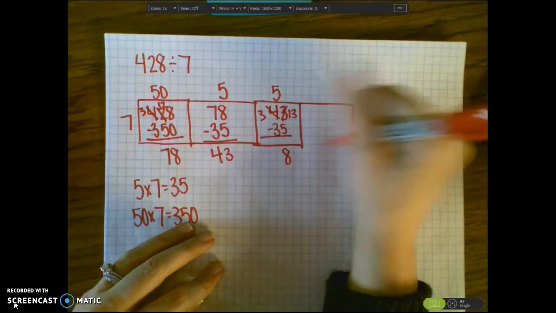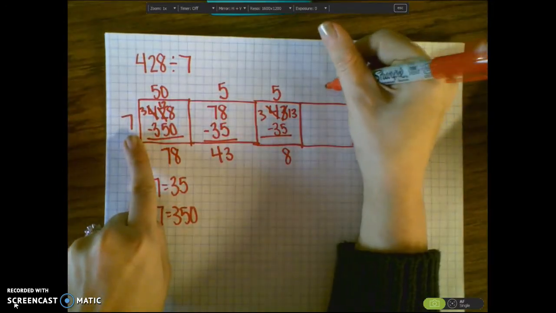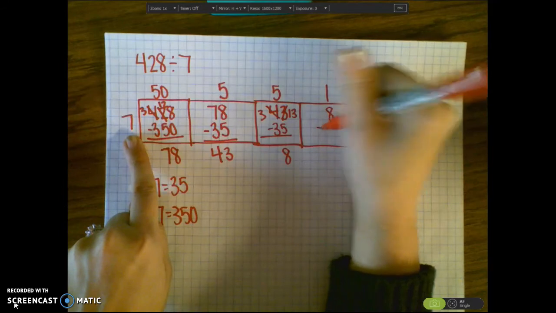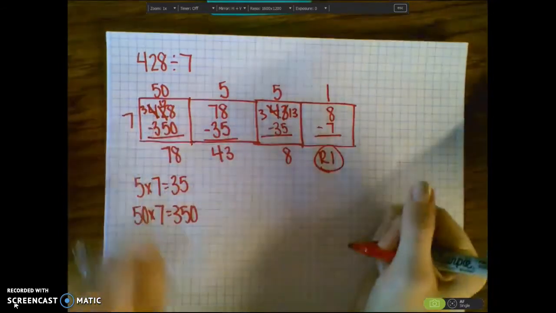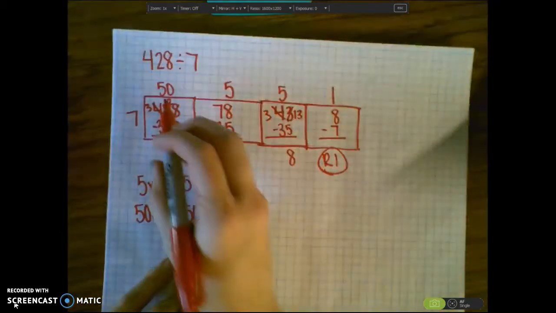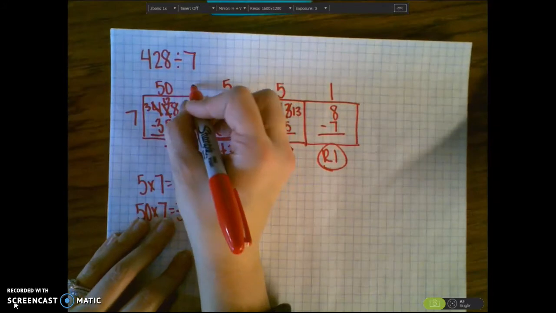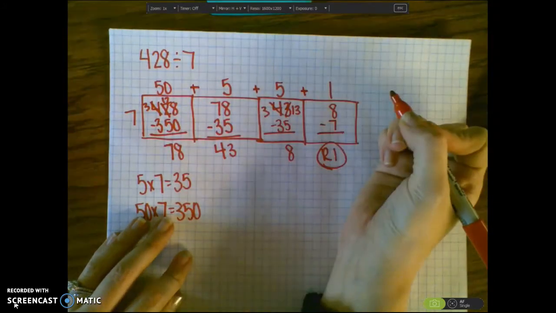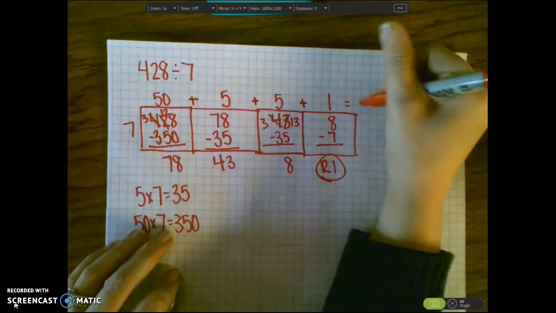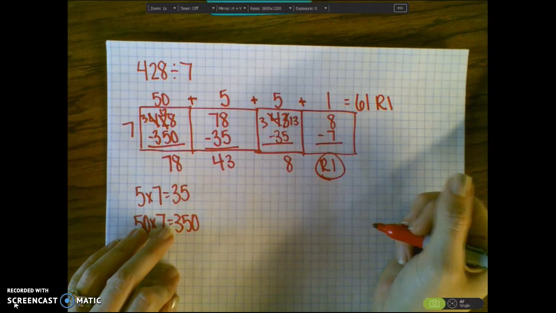Now they know 8 is still more than 7, so I can get one more group of 7, and I'll have 1 left over. Now what I do, just like I did on my original problem, 50 plus 5 plus 5 plus 1 is 61 with a remainder of 1.